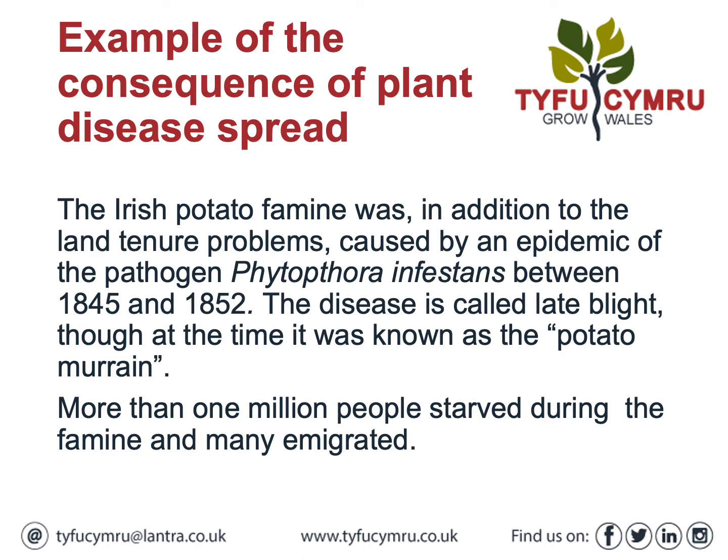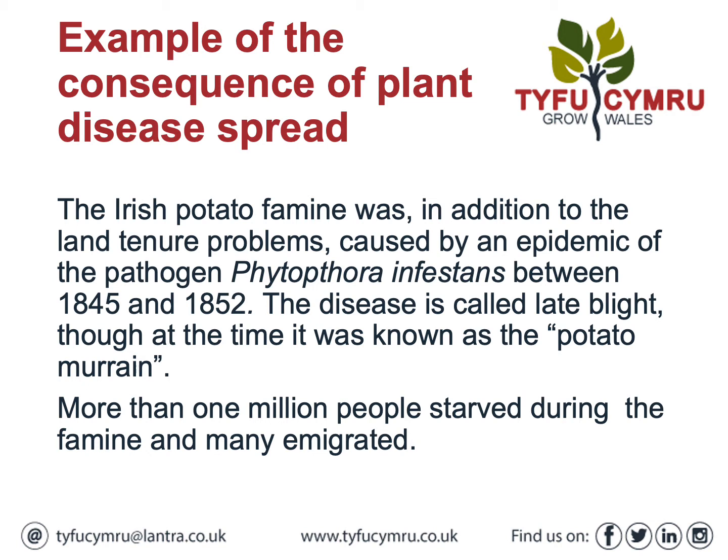Now, I'm going to talk briefly about two examples of widespread plant diseases that cause or are causing serious impacts. The first one is Phytophthora infestans pathogen. Now, the Irish potato famine was caused predominantly by that disease, late blight, caused by Phytophthora infestans, and that occurred between 1845 and 1852 by recurrent infections by the pathogen.